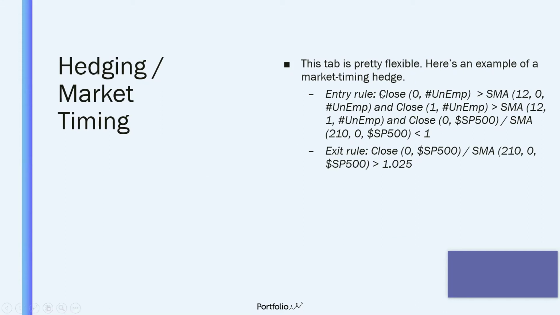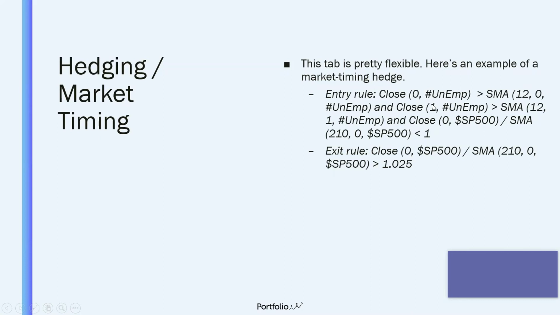This is the kind of rule that you can write if you're hedging. So let me just unpack this for you. This says that if the unemployment rate is greater than its 12-month moving average, close zero unemployment is greater than SMA 12, zero unemployment.